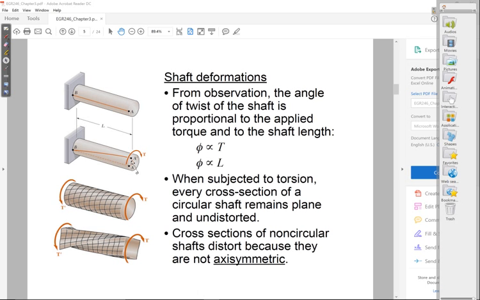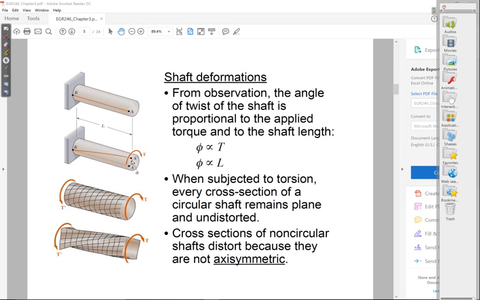So when you apply torsion to a circular shaft, you get a shear stress. And if you get a shear stress, if you remember from Hooke's law in shear, a shear stress results in a shear strain, just like a normal stress results in a normal strain.